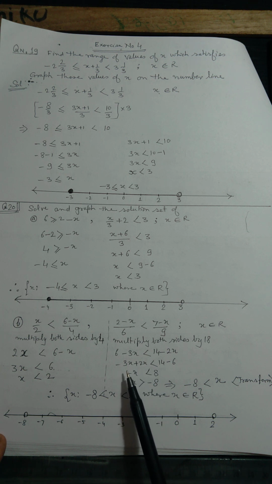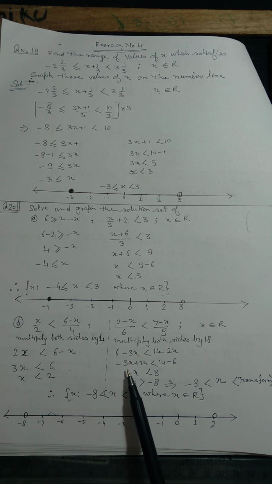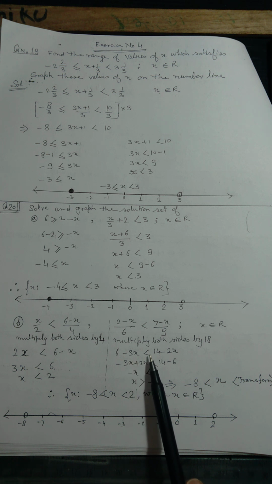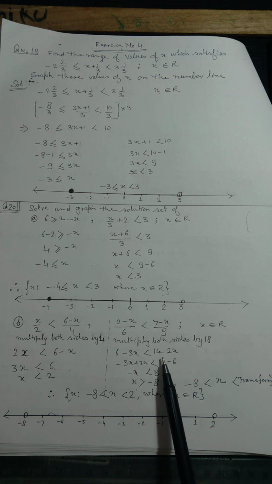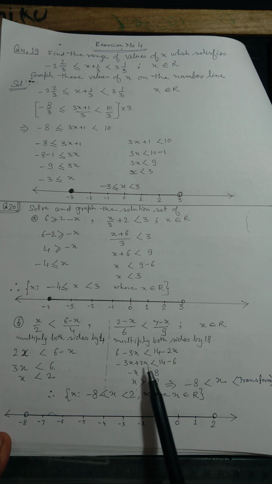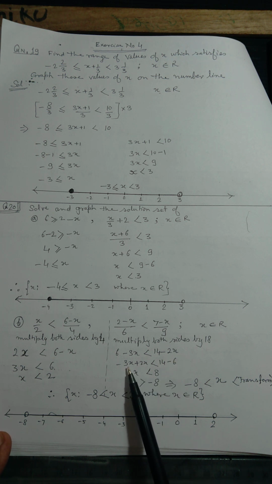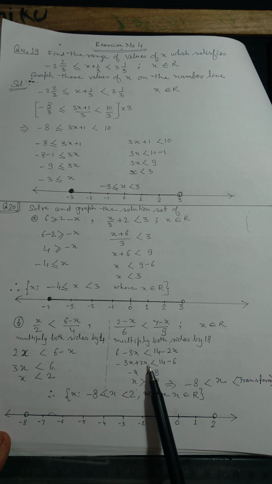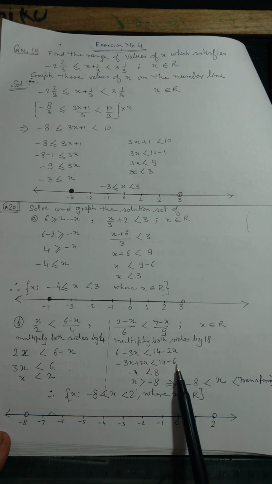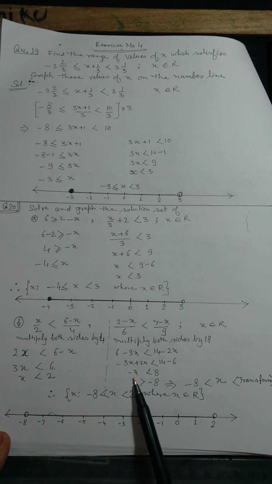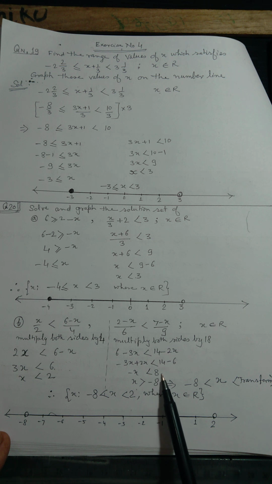On multiplication we get minus 6 minus 3x less than 14 minus 2x. So minus 3x plus 2x less than 14 minus 6. It will become minus x less than 8.